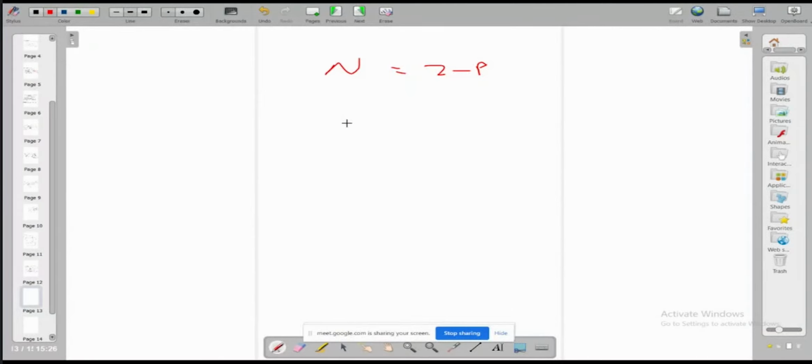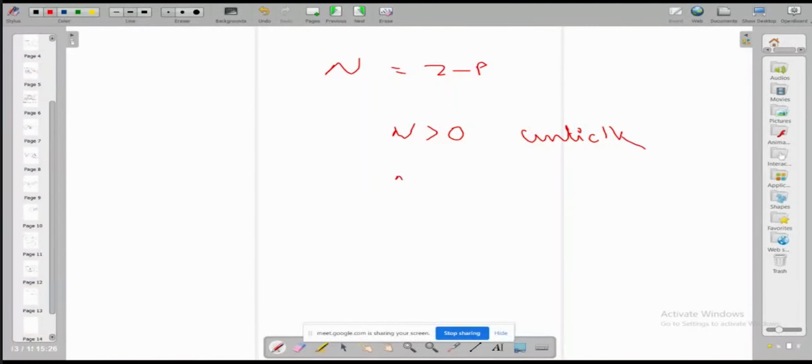If N is greater than 0, it will encircle the origin in anticlockwise direction.